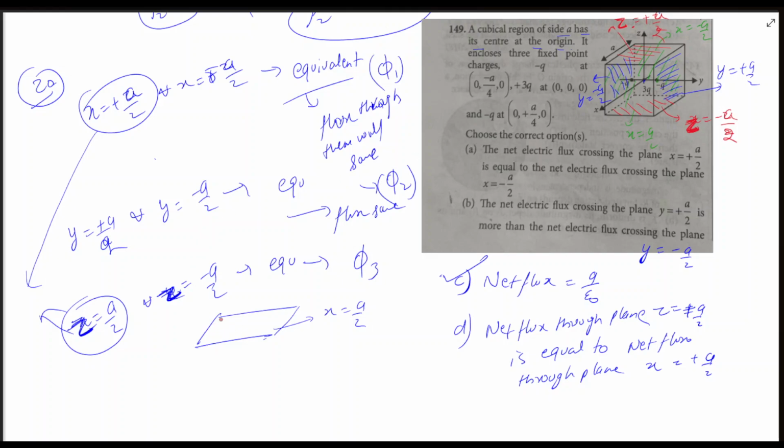Now look at z equals a by 2, the plane above. The charge is placed like that. This is the center, there is 3q.